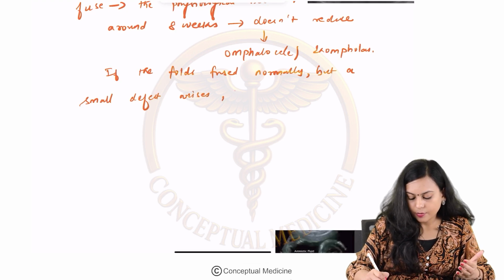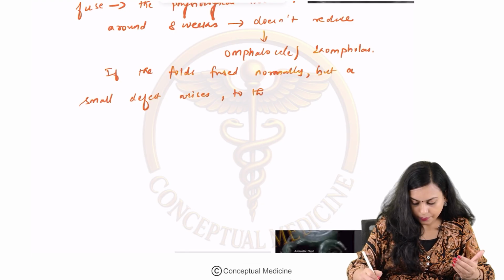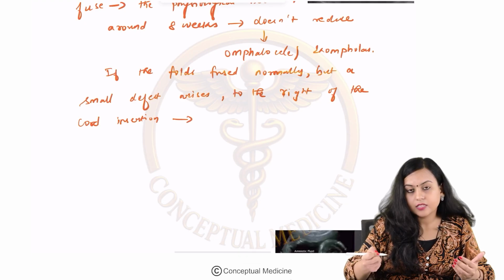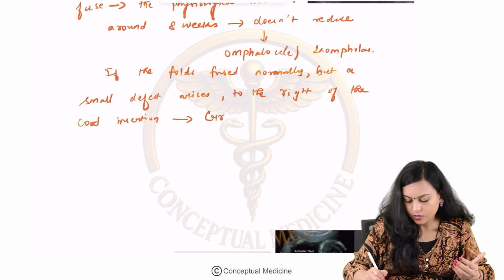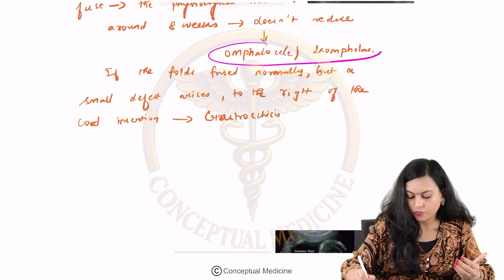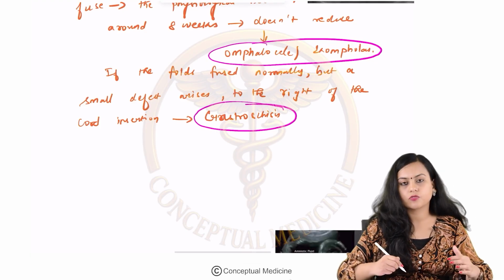That will be mostly to the right of the cord insertion. Then this will give rise to gastroschisis. Clear? So this is omphalocele or exomphalos, and this is gastroschisis.